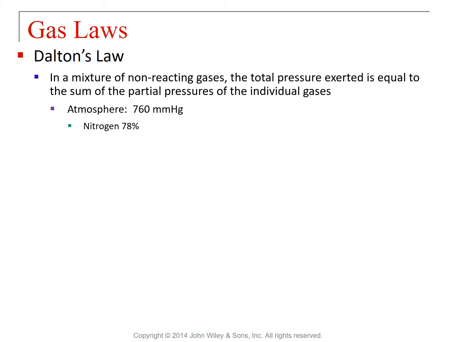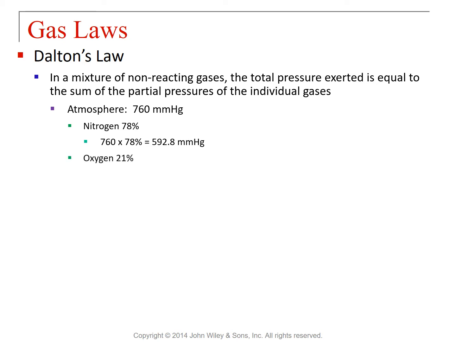So what is our partial pressure of nitrogen in the atmosphere going to be? It's going to be 78% of 760. So because the atmosphere is 78% nitrogen, our partial pressure of nitrogen is 592.8.